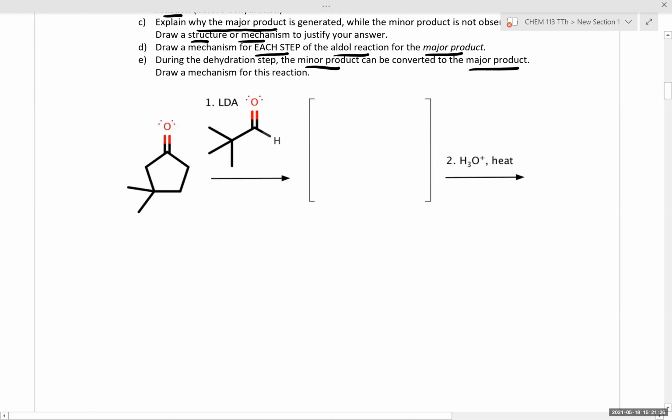Okay, so let's take a look here. First and foremost, for any aldol condensation reaction, the first step when we treat this compound with base is we are going to deprotonate our acidic alpha position.